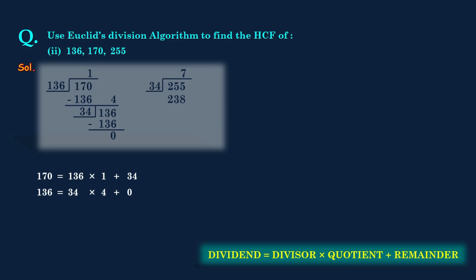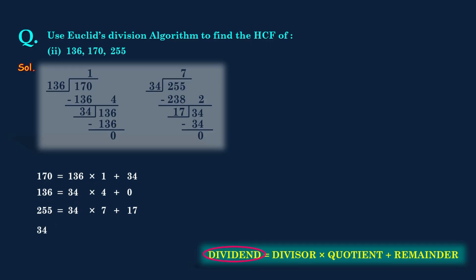34 7s are 238. So we got the remainder 17. Now 255 equals 34 into 7 plus 17. Since it is non-zero, again we have to apply the same Euclid's division algorithm. So now 17 will become the divisor and 34 will become the dividend. 17 2s are 34, so now we got the remainder as 0.